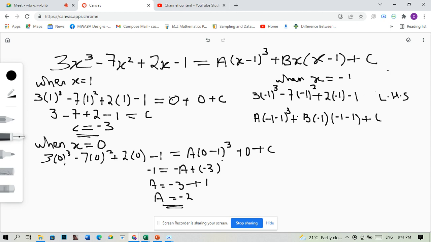So let's solve first on the left-hand side, and then we solve on the right-hand side. Then we equate them. This is for the right-hand side, RHS.